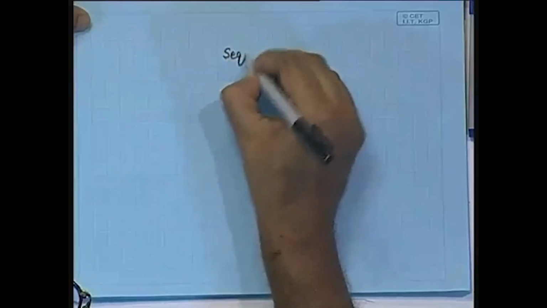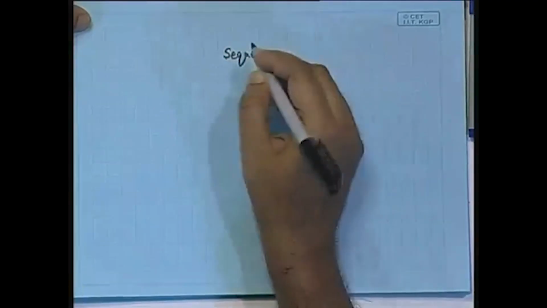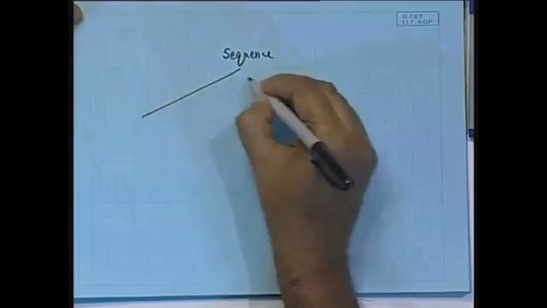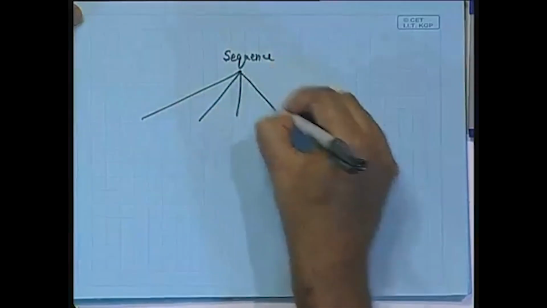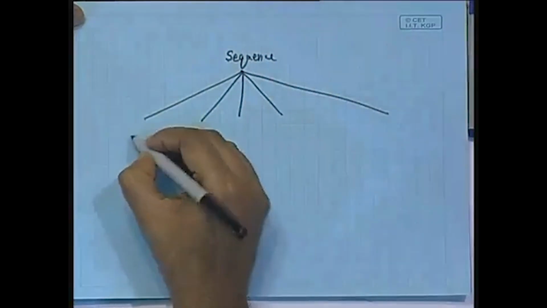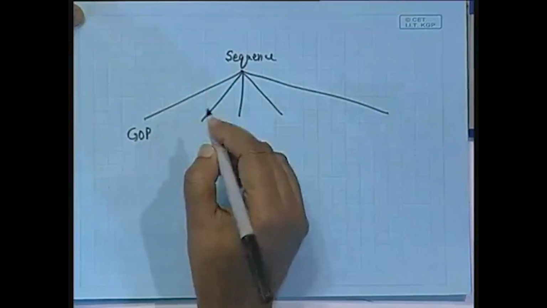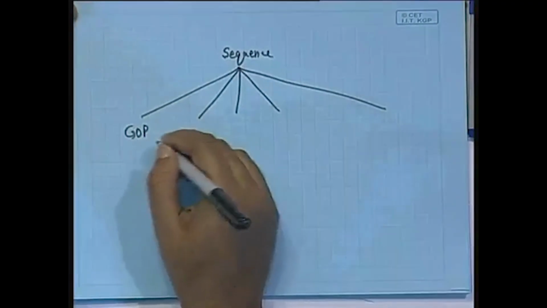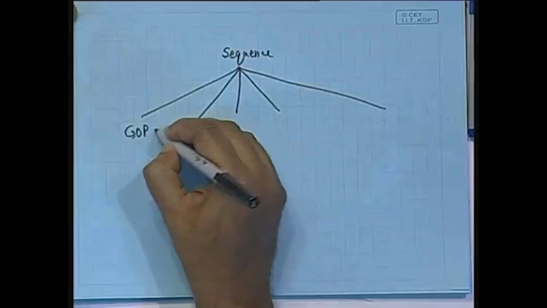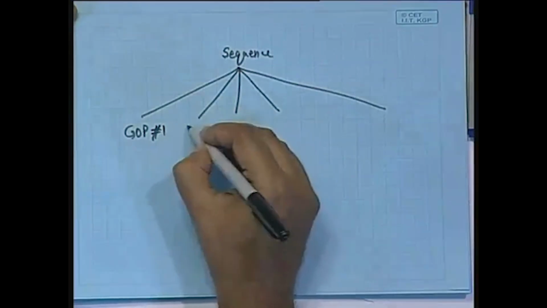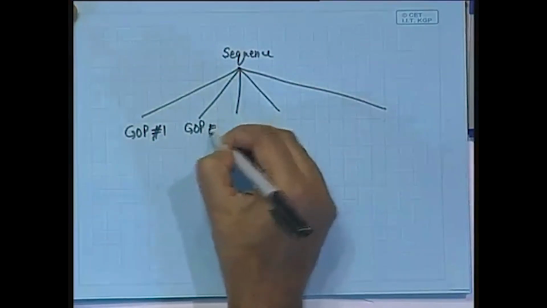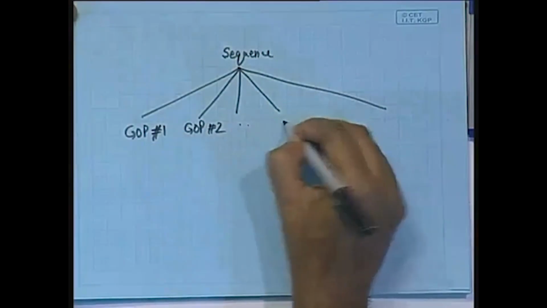We have already told you that when you have a video sequence, the sequence is essentially partitioned into a group of pictures, which we can call GOP. So, we start with GOP number 1, then GOP number 2 and so on.